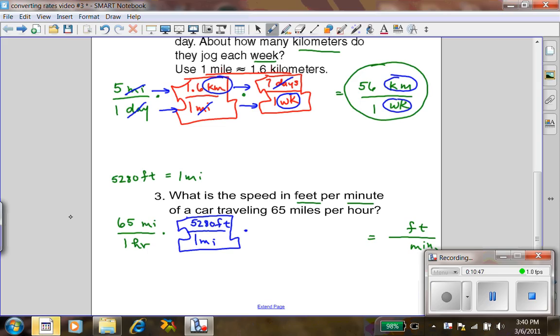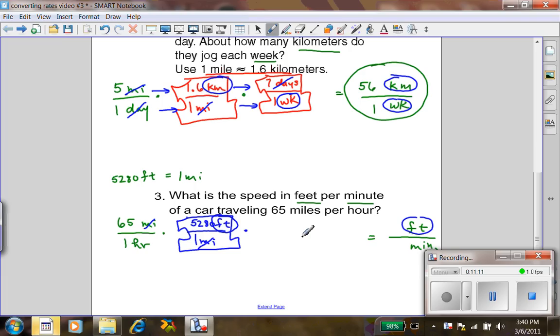Okay, so my miles, I used 5,280 feet over 1 mile. Is that what you used? I hope so. And by using that, miles will cross out with miles, and we will be left with feet on top, which is exactly what we want.